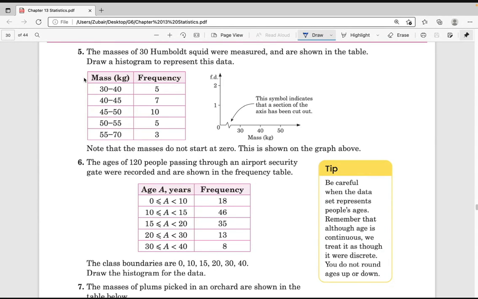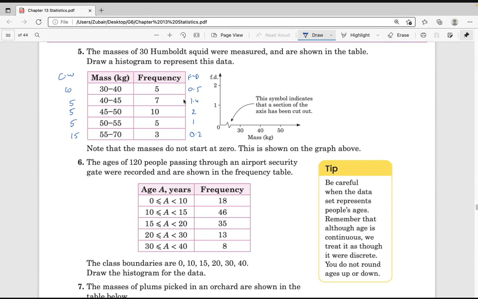Class widths are clearly different: 10, 5, 5, 5, and 55 to 70 is 15. Frequency density is frequency divided by class width: 0.5, 1.4, 2, 1, and 3 by 15 is 0.2.